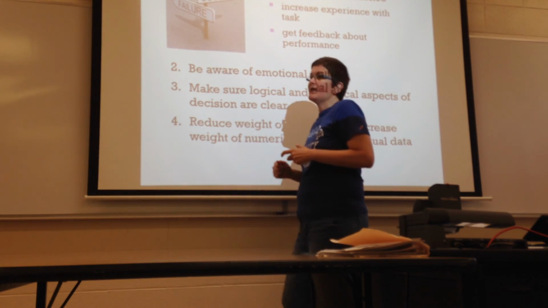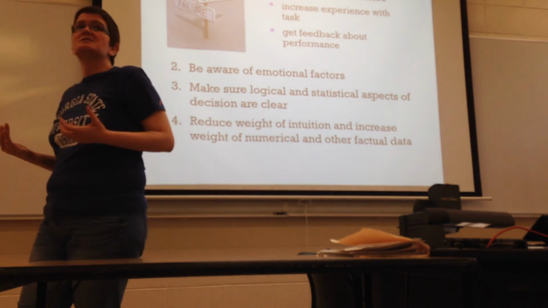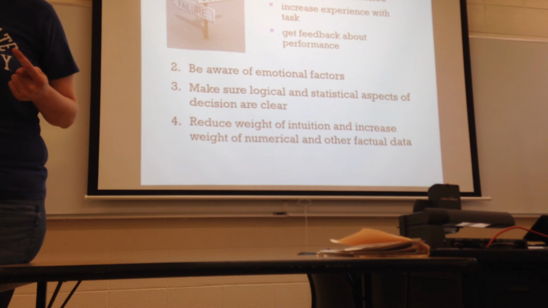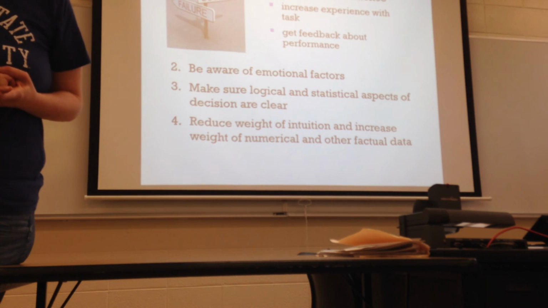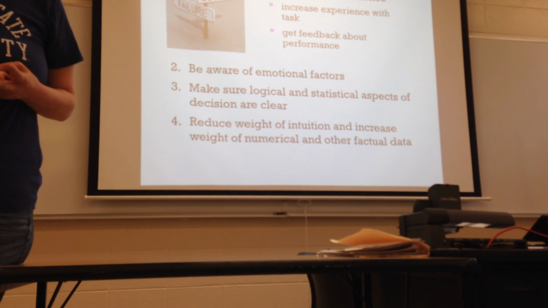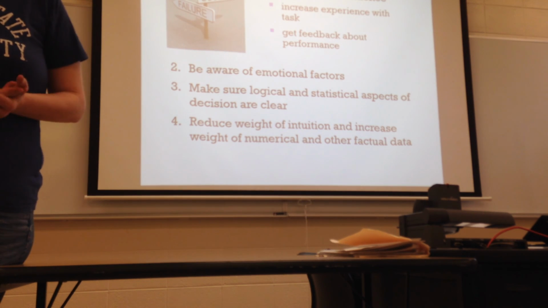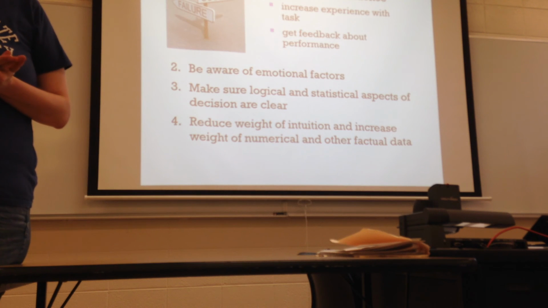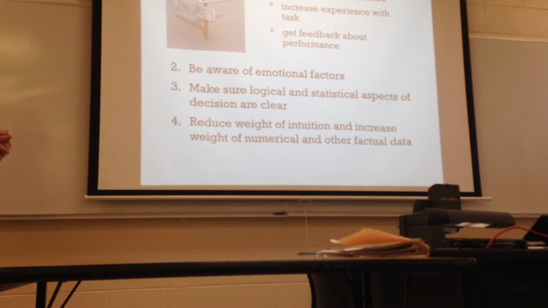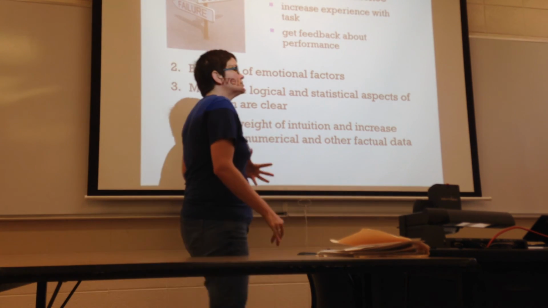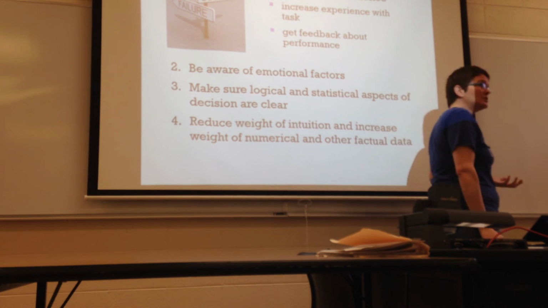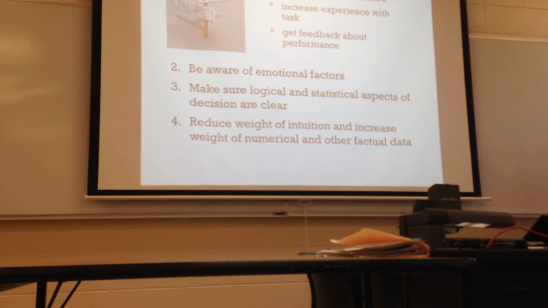You want to make sure that the logical and statistical aspects are clear. So make sure you're clear on things like base rate information, likelihood, probability. The scientific evidence is good. You guys have survived 3530. You know how to think scientifically. You know how to think critically. So make sure you look at the numbers too, not just what people are saying.